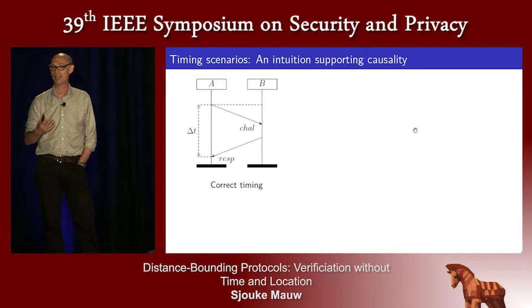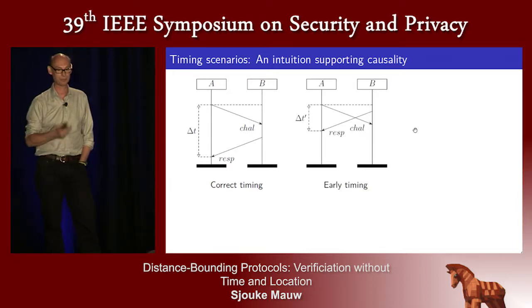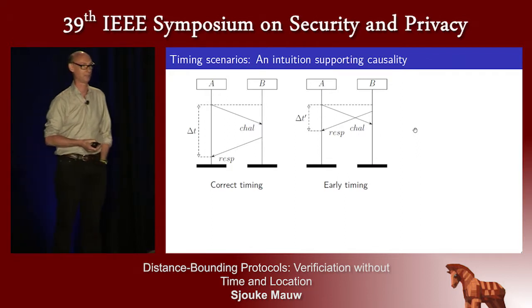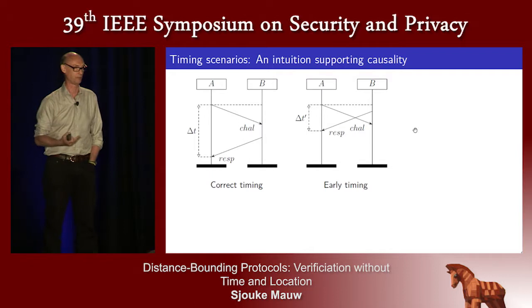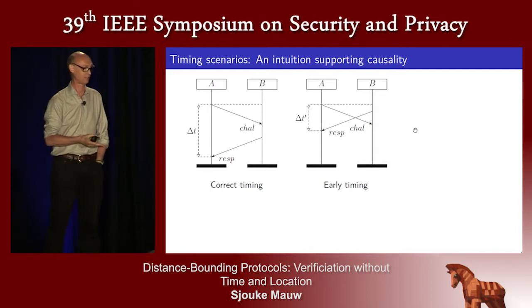Now, suppose we have a flaw in this protocol, then an attacker would be able to produce this kind of behavior. It could preempt the reception of the challenge and send the response that you would expect before it even receives the challenge.